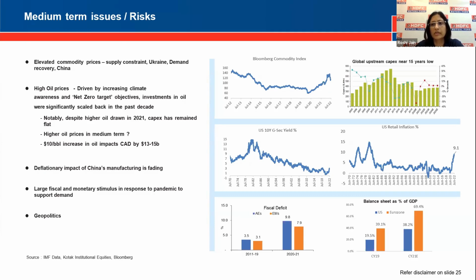However, we must also remember that the oil intensity of the economy has come off over the last few years. The economy has grown at a pace faster than the rate at which crude oil demand has grown, and therefore the dependence or the crude oil intensity of the economy has clearly come off over the last few years.